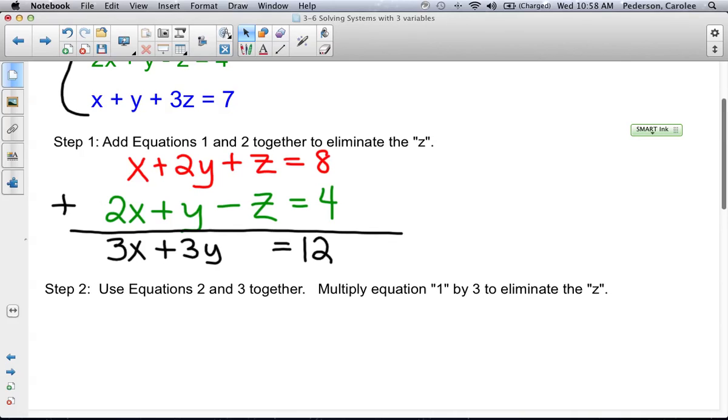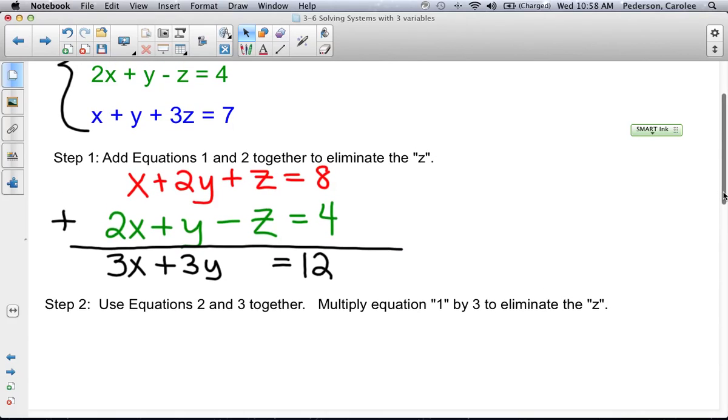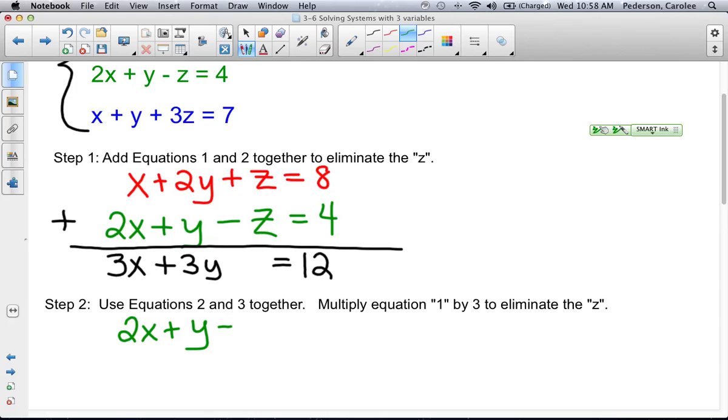All right, step 2. Step 2 is to use equations 2 and 3 together and try to eliminate the same variable z. So now I'm going to be working with the green and the blue equations. So the green equation is 2x plus y minus z equals 4.